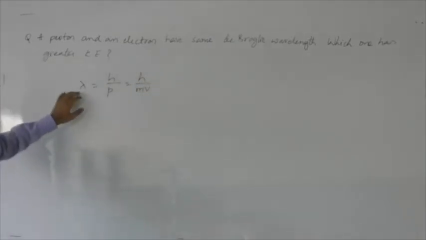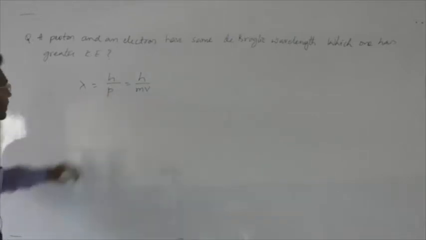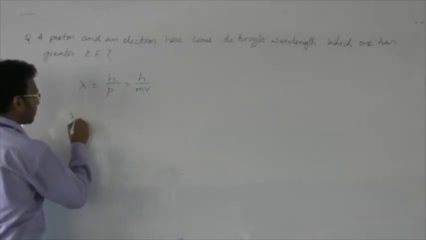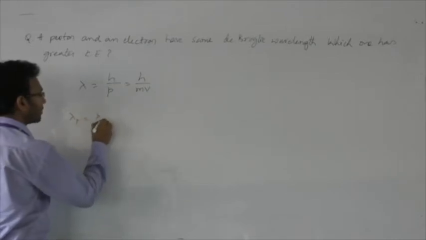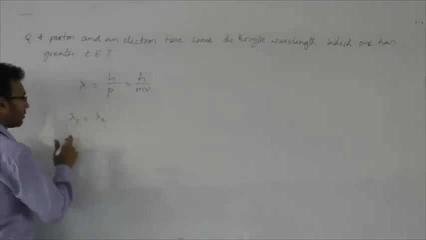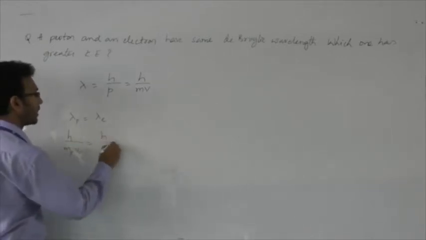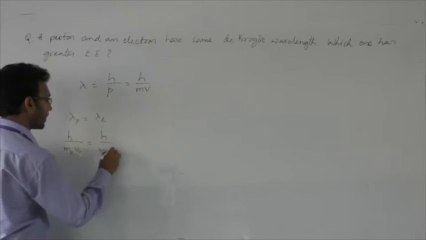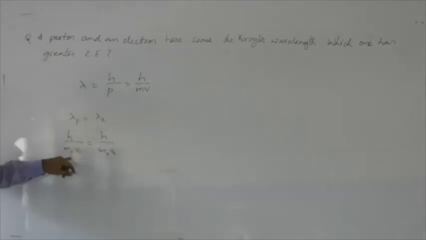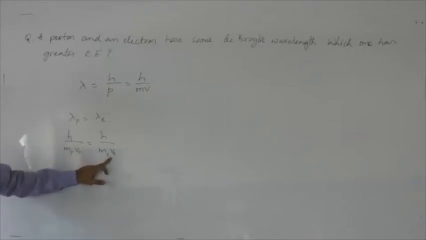Now for the two particles, proton and electron, the wavelength is the same. Meaning what? Lambda for proton equals lambda for electron, which means h by mp vp equals h by me ve, where the subscript p represents proton and e represents electron.